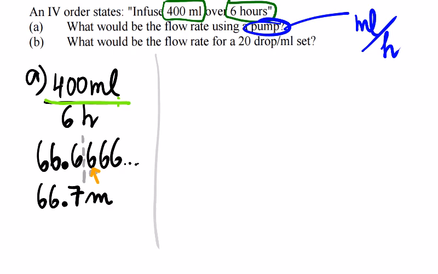So we would say 66.7 mils per hour if we can enter that decimal point into the pump. Otherwise we would probably just round it to the nearest whole number, 66.666 and so on.